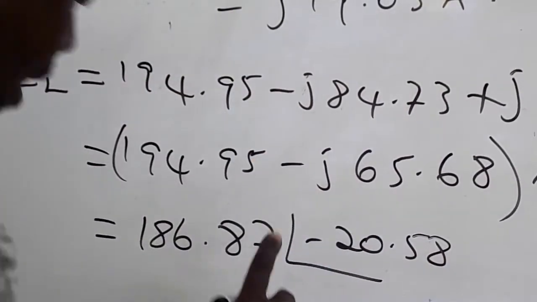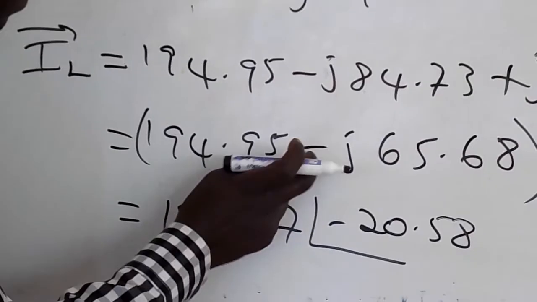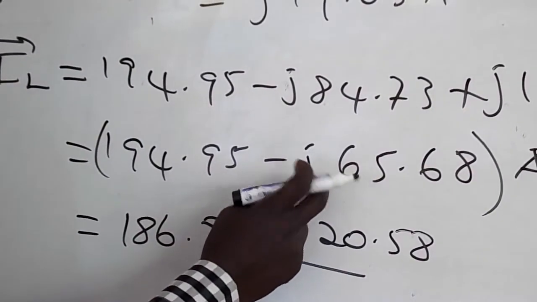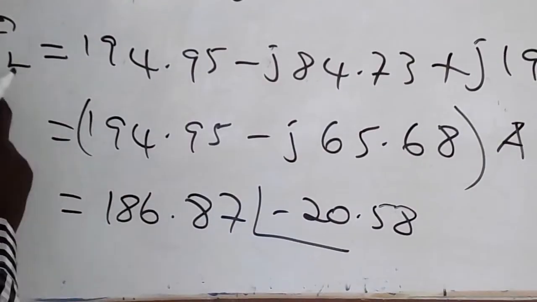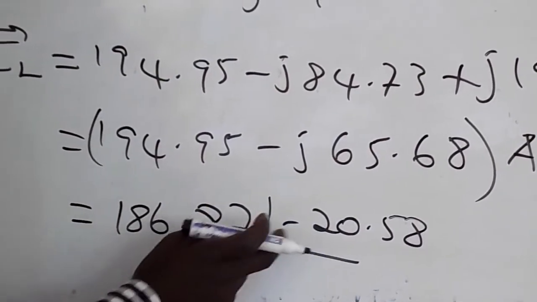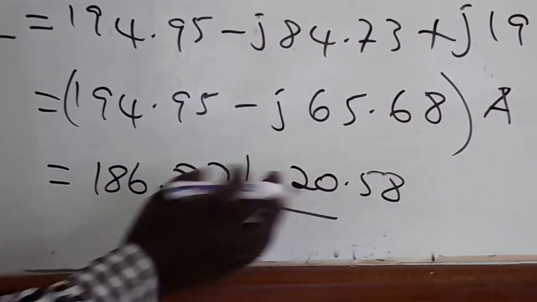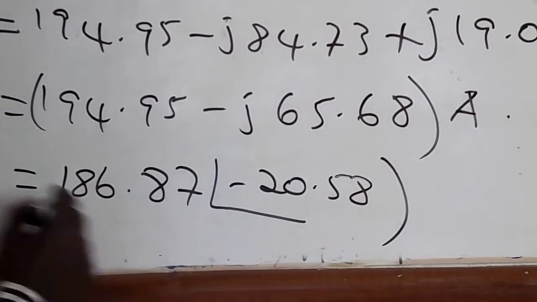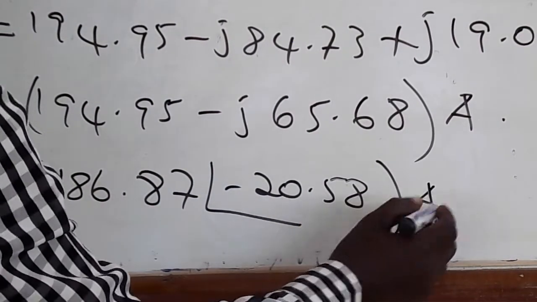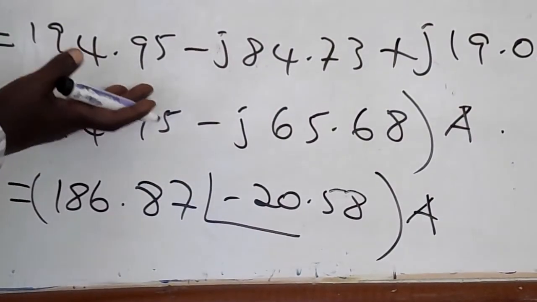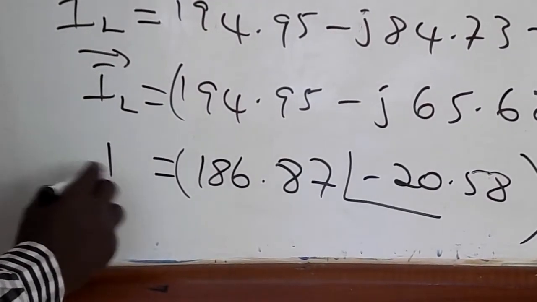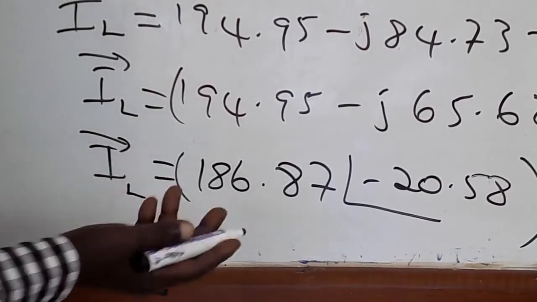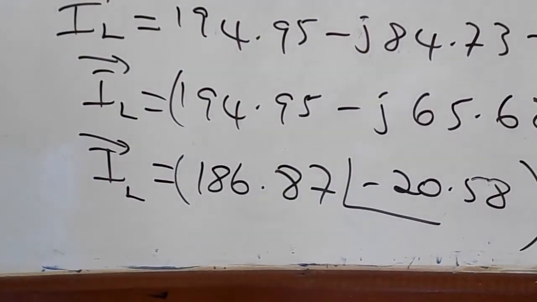The negative is there because the angle is lagging, so this current IL is a lagging current. One is in rectangular form and the other is in polar form, so they give the same thing.